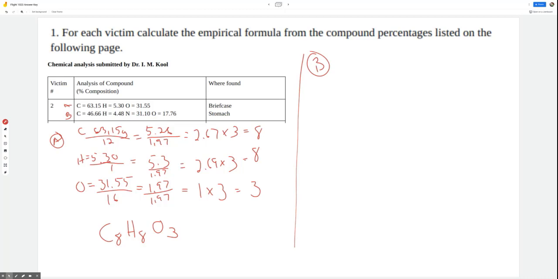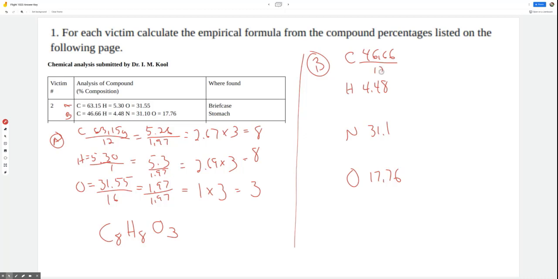All right, compound B, and that was in the briefcase. Okay, and then we have carbon 46.66, hydrogen 4.48, nitrogen 31.1, and oxygen 17.76.